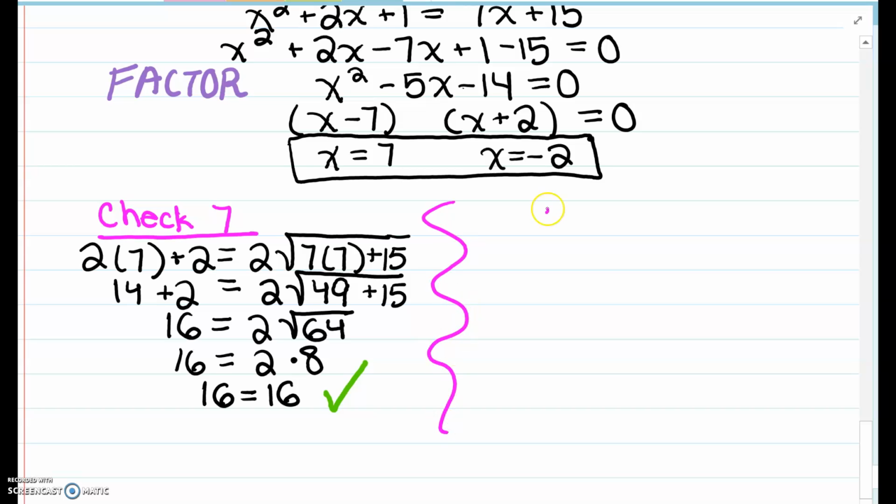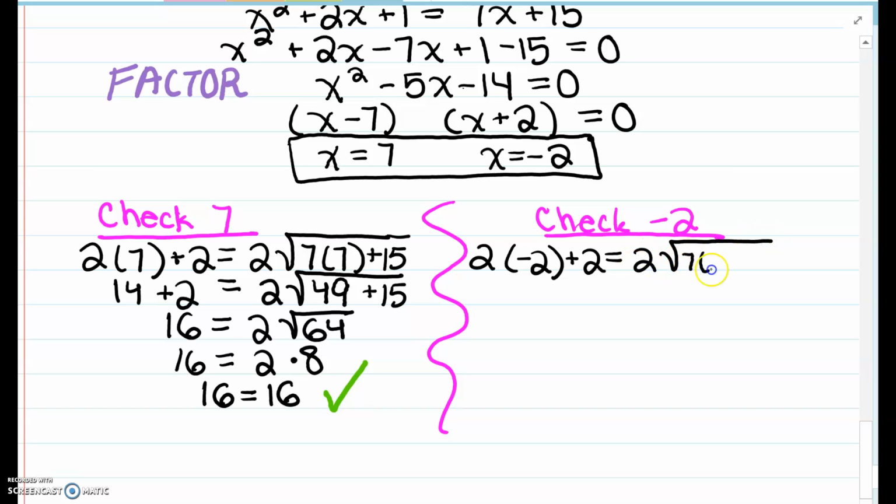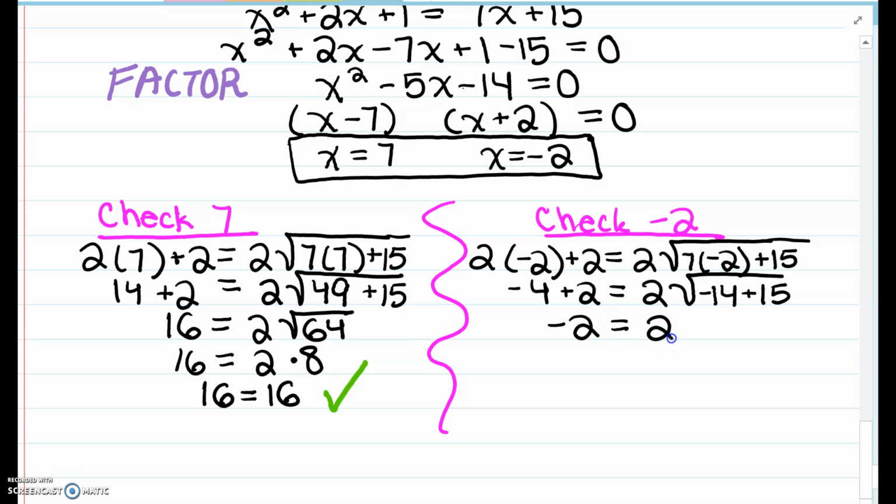Now let us check negative 2. So we have 2 times negative 2 plus 2 equals 2 radical 7 times negative 2 plus 15. We get negative 4 plus 2 equals 2 radical negative 14 plus 15. We end up with negative 2 equals 2 radical negative 1.